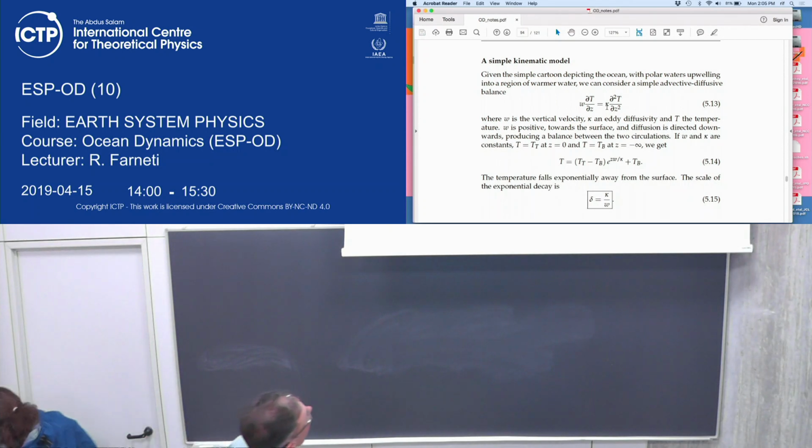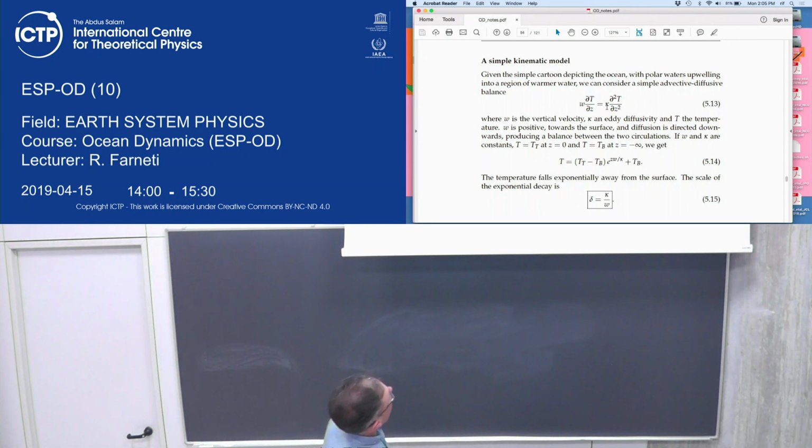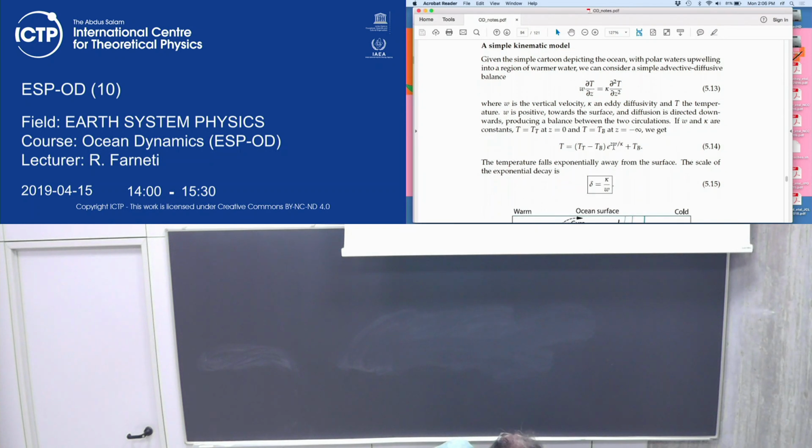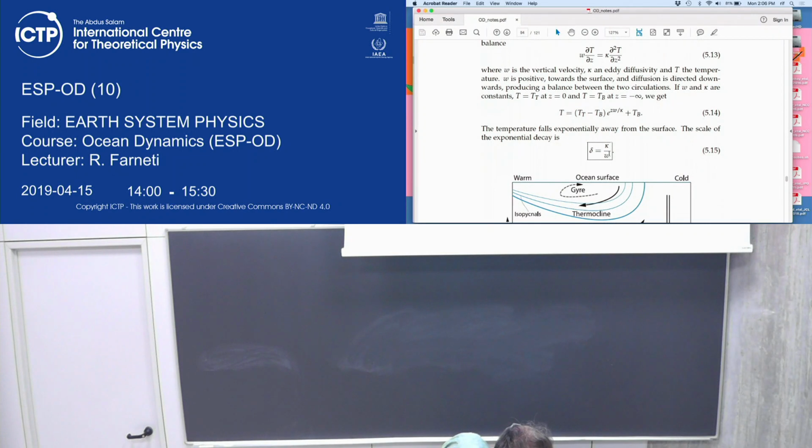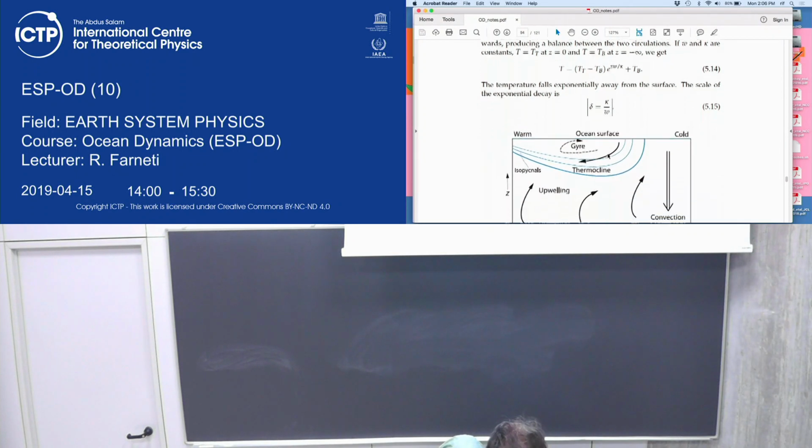By using that simple advective-diffusive balance, you integrate that given those conditions, and you get a temperature with an e-folding scale of kappa over W, the vertical velocity. The scale of the exponential decay is what we started calling delta, which would be the thickness of the thermocline. So it depends on the diffusivity and the vertical velocity, of course.